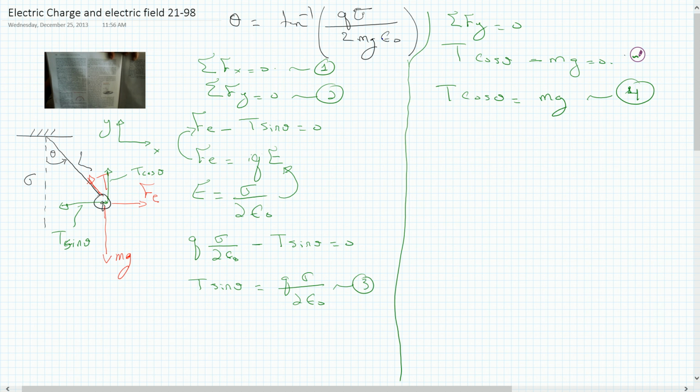And we will say equation 3 divided by equation 4.